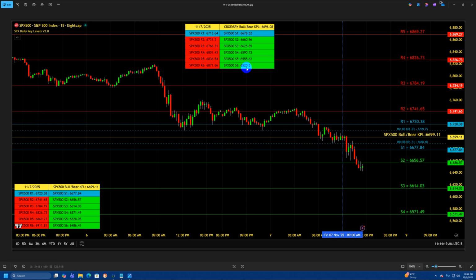So on the first tick of the 9:30 a.m. Eastern New York time open, then you will see these levels on your CBOE SPX chart along with all the other levels.